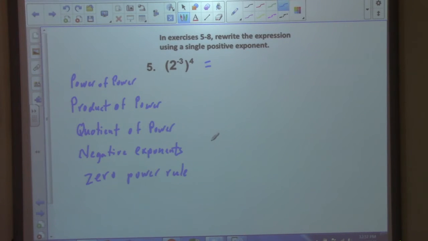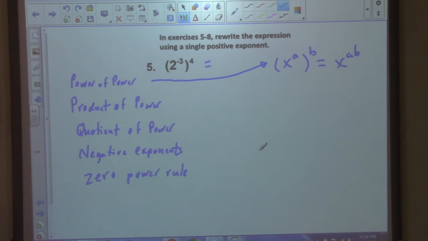Power of power: if we have x to the power of a, and outside the power of b, it's going to be x to the ab.